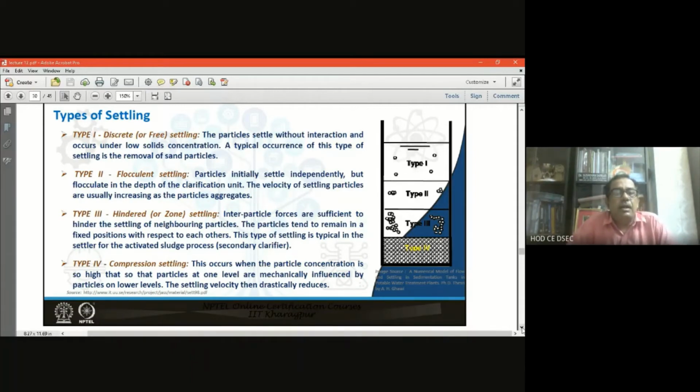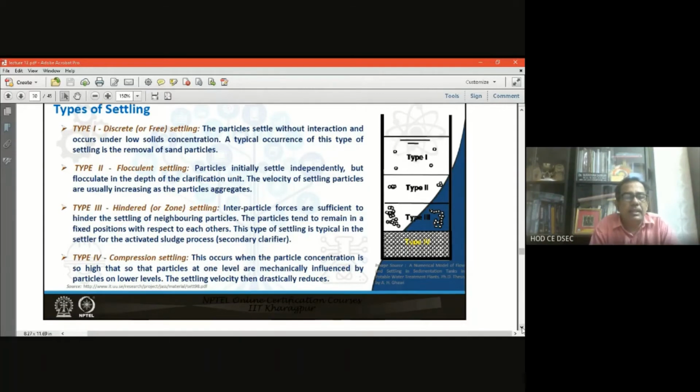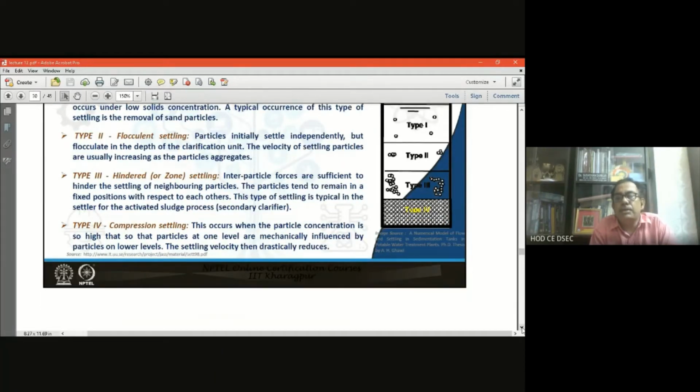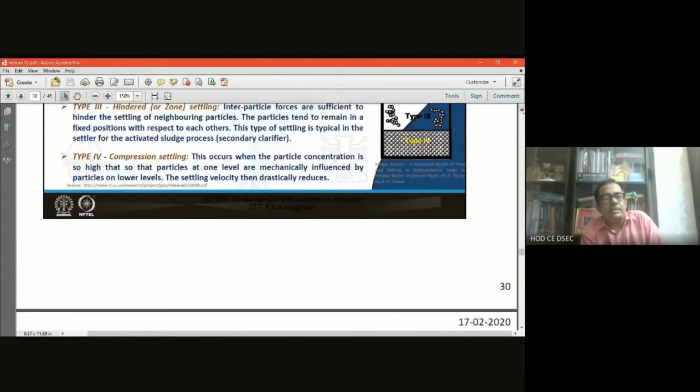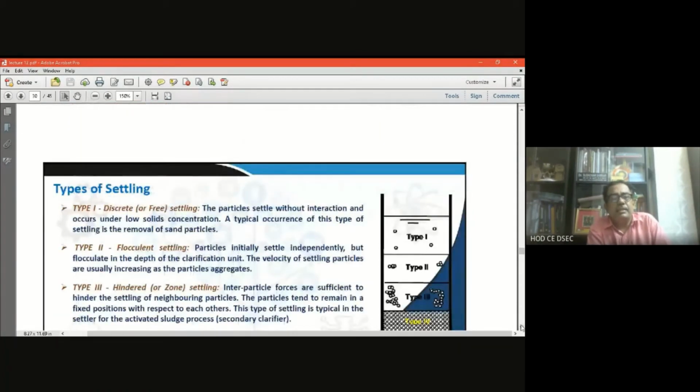Type 3 is the hindered or zone settling, and finally the compression settling, that is type 4. So these 4 different types of settling we must highlight for the sedimentation process. Now type 1, that is the discrete settling.